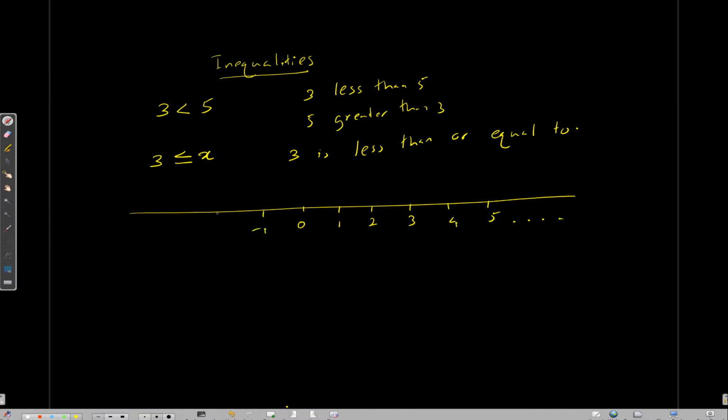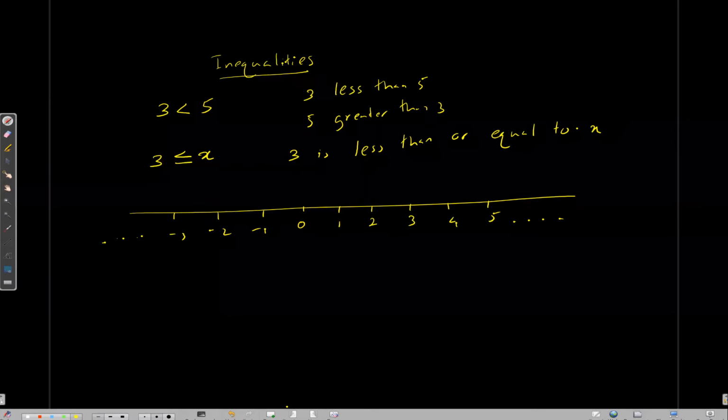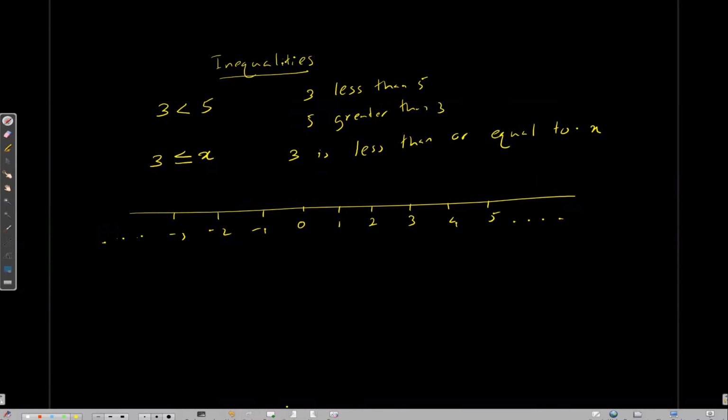Here, -1, -2, -3, and so on. So x is actually greater than or equal to 3, or 3 is less than or equal to x.